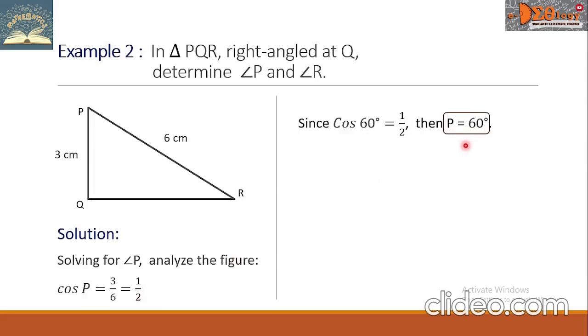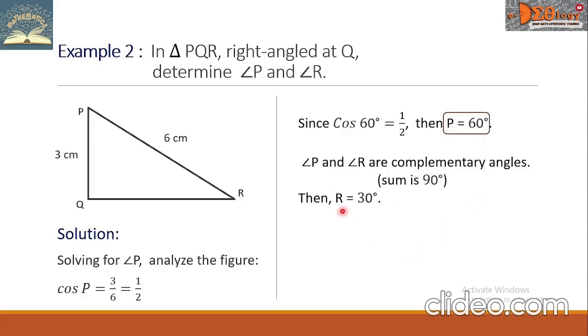We have now the value of the angle P. Now, let us find the angle R. Angle P and angle R are complementary angles, meaning the sum is 90 degrees. Since P equals 60 degrees, we can have the value of R equals 30 degrees.